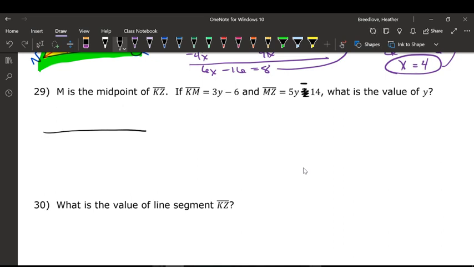And M is the midpoint of KZ. So it's from one end is K, the other end is Z, and in the middle I have midpoint M. And if it's a midpoint, then that means it's split exactly in the middle. Both sides are equal to each other.